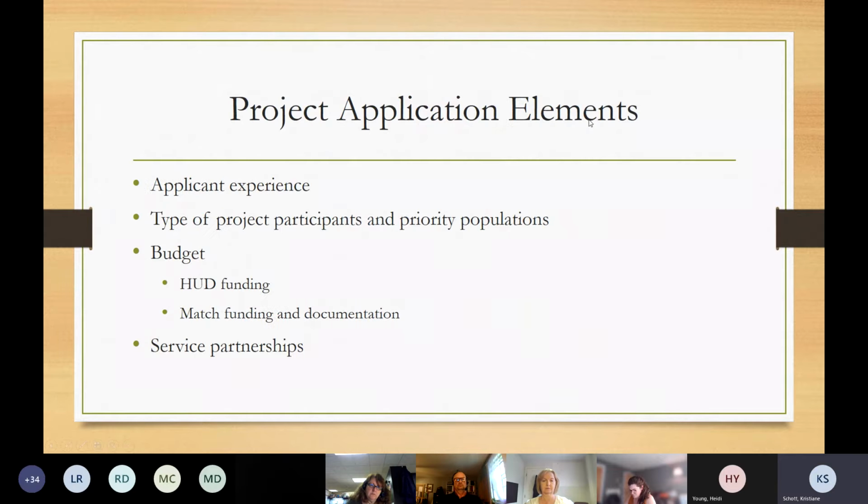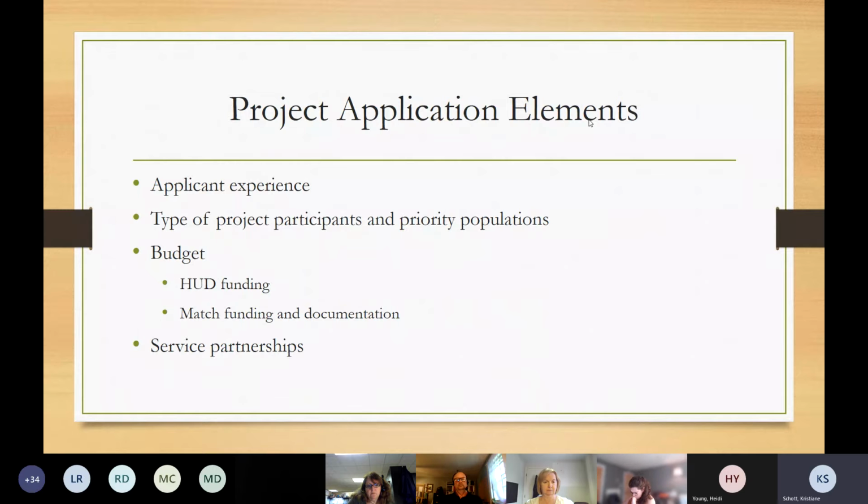The final part of the submission is the priority listing. This listing is a list of all the applications that the Balance of State is submitting as the collaborative applicant to HUD. So it lists every single renewal and new project application that we are asking for funding for.